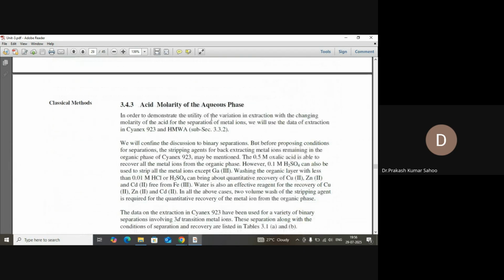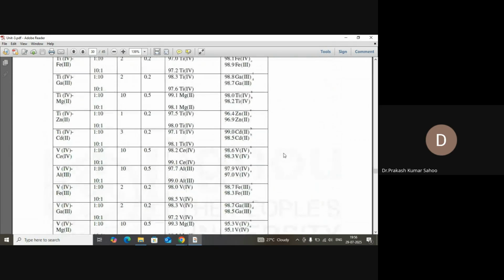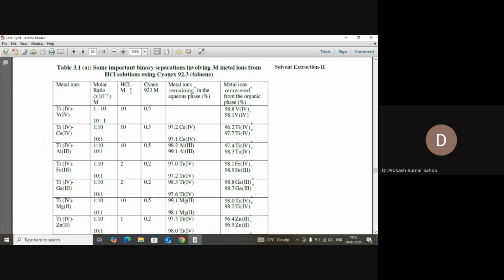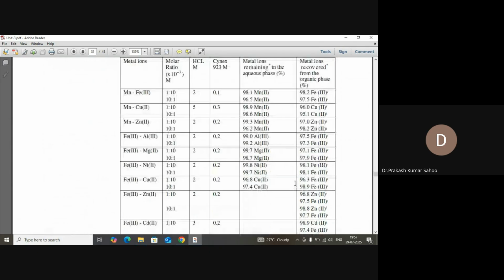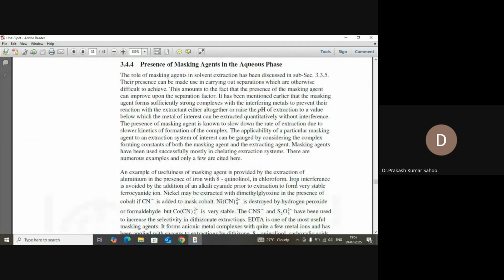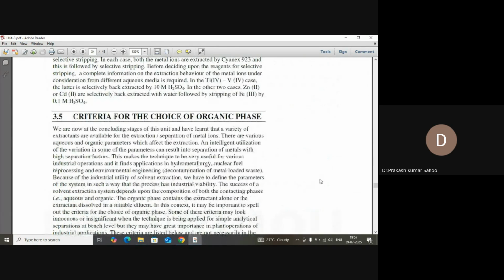So pH of the aqueous phase, we have acid molarity in the aqueous phase, and these are some commercial names we have, some extractants, then some metal ions, their molar ratio, the acid molarity, and this Solvesso, that is toluene. Toluene has the benzene ring with a CH3 group. And presence of masking agents in aqueous medium, like the organic phase, also in the aqueous phase. The same things are there.